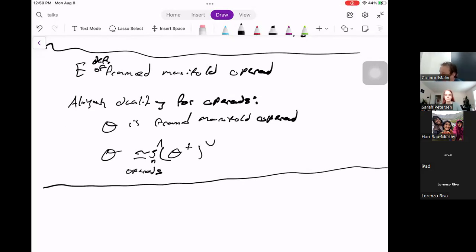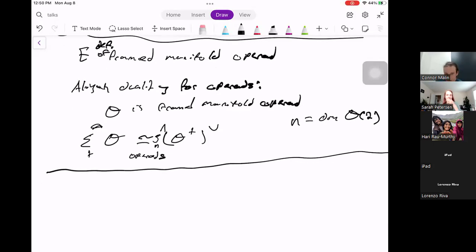And again, when I take duals like this, implicitly I'm taking sigma plus infinity. N is equal to the dimension of the second space of the operad. The first space of the operad will be just a point. Okay, so we're going to have a shift like this, and this is an easy theorem.